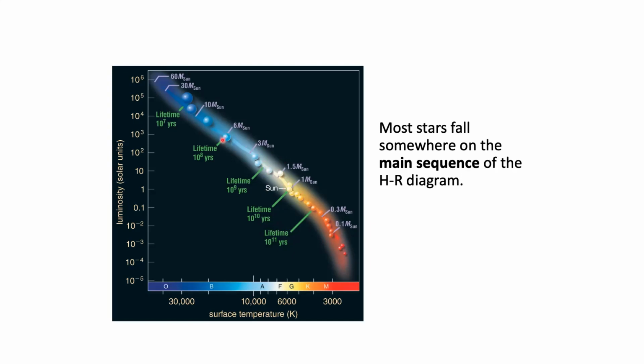This is going to be 100 million years. So this is going to be this star. It's only 6 times as massive, but it's going to live a 100 times smaller lifetime, or 1/100th of our sun's lifetime.